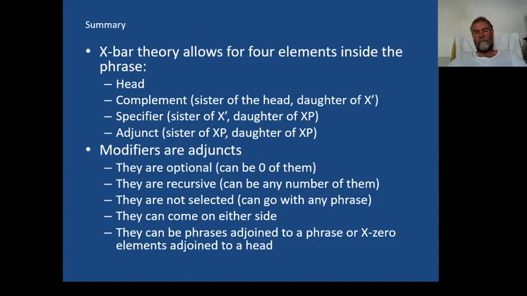Certain adjuncts choose or prefer certain positions either in front or behind, and they can be adjoined either to phrases or to zero bar level elements, i.e. heads, and therefore you can get a phrasal adjunct, which is a phrase itself, or you can get a head adjunct, which is a word.